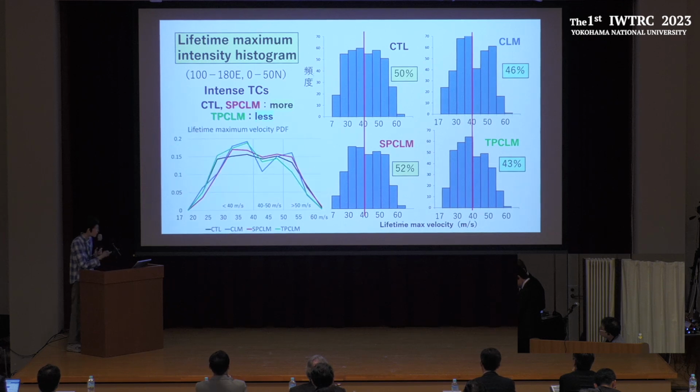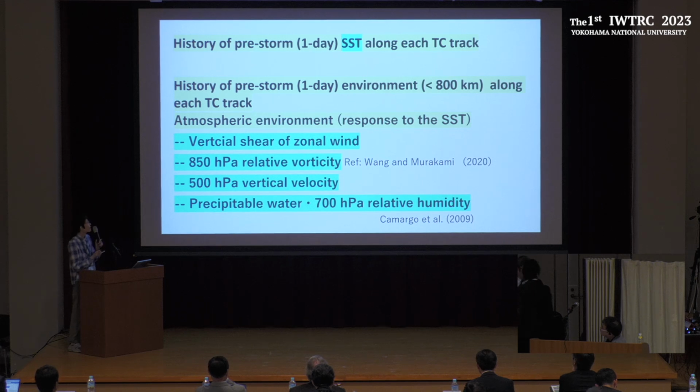And this is the probability density function. We found that the occurrence frequency of very strong tropical cyclones is even greater without the subtropical warm anomaly than in the control simulation.